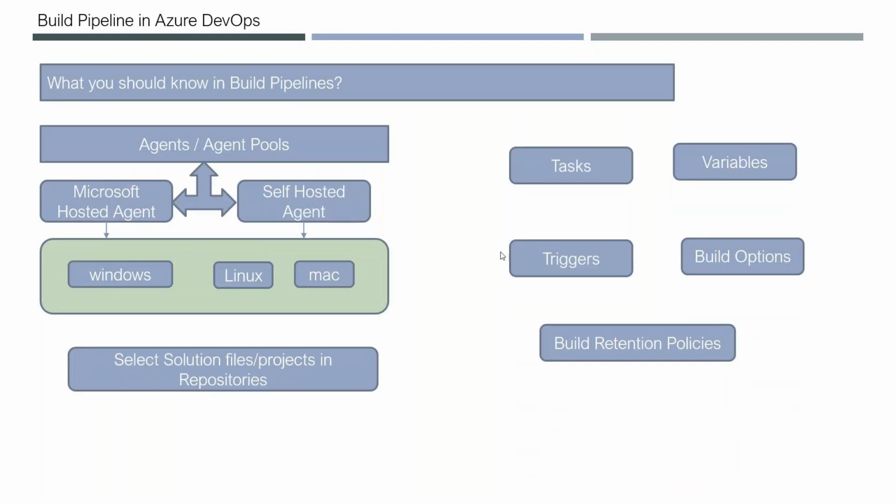These are the things that you will be doing as part of your build pipeline. A task is one group of activities, variables is one group, triggers is one group, build options one group, build retention policies one group. Under these, you will have many different activities, but at a high level, this is what you should know in the build pipeline.